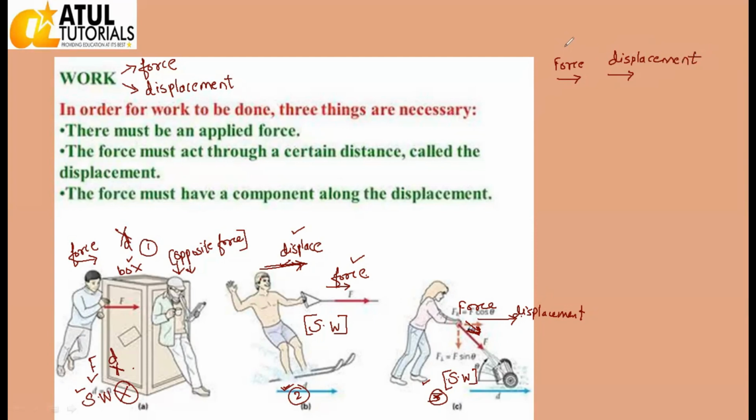And if the force and displacement both are in the same direction, suppose let's consider this box, and if you are applying force in this direction and if the box is also displacing along the same direction of the force, then work done can be calculated by using the force F into S, that is force into displacement.